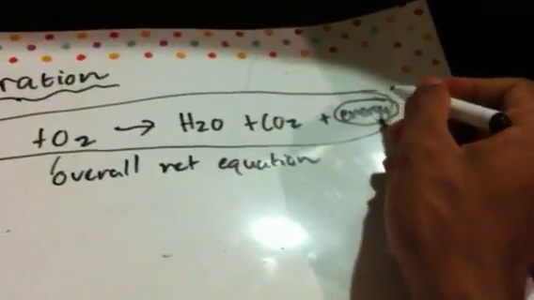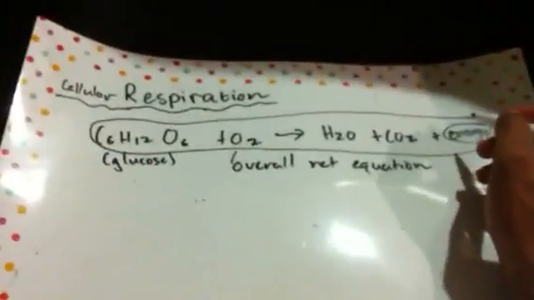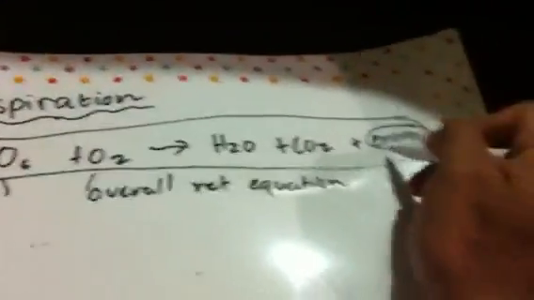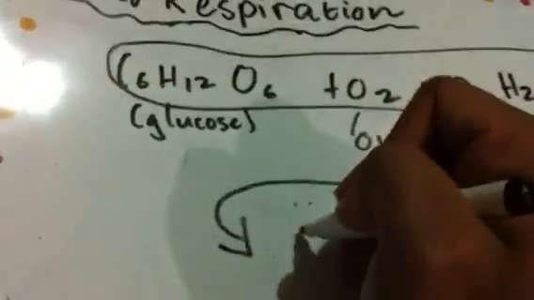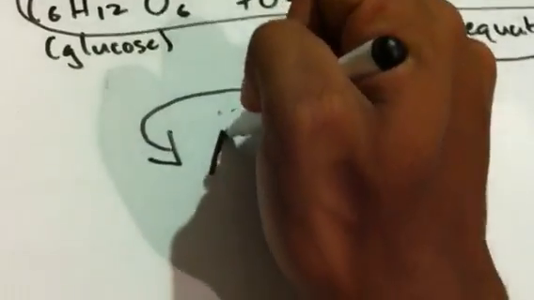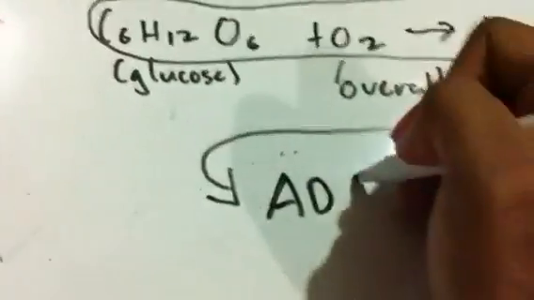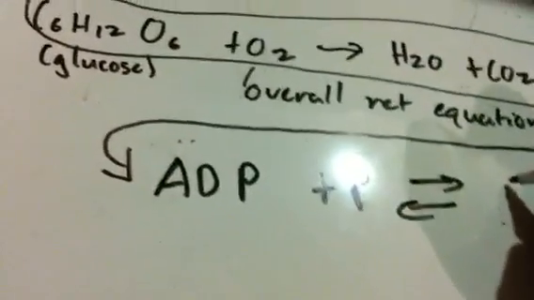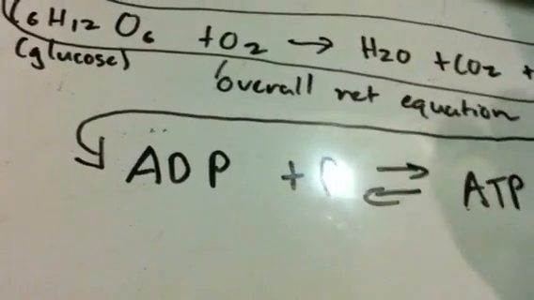Whilst we do get energy released overall from this equation, what this energy is being put into is the manufacture of ATP. So what happens when ATP is manufactured is that we get a molecule called ADP plus P, a reversible reaction, gives us ATP plus H2O.